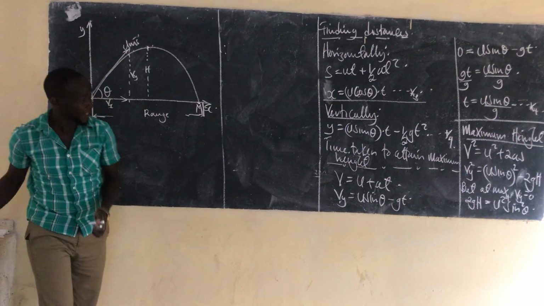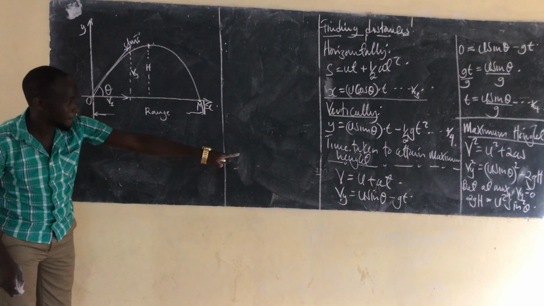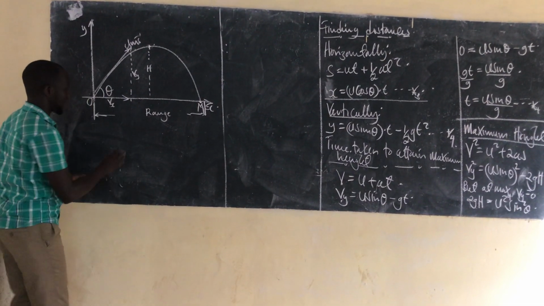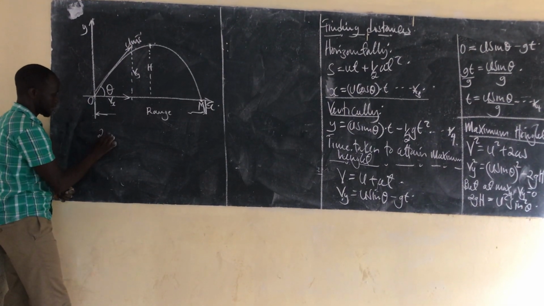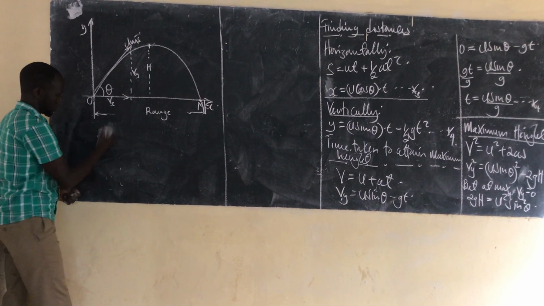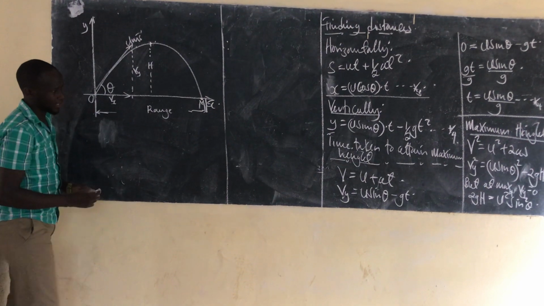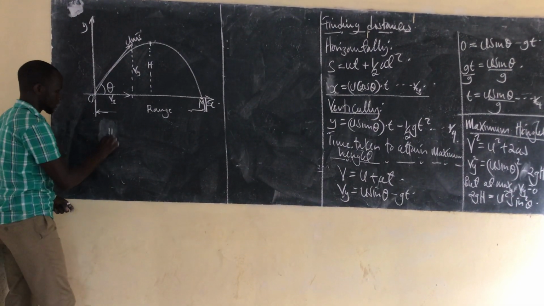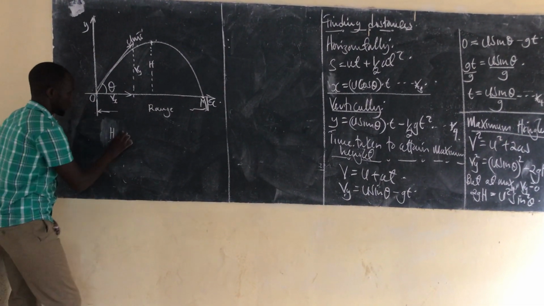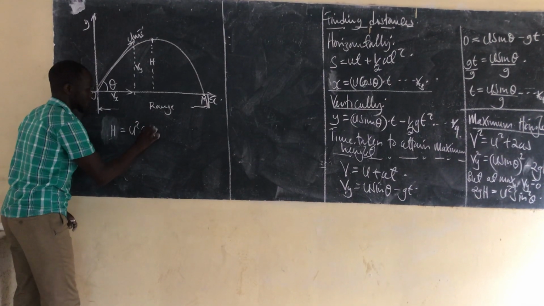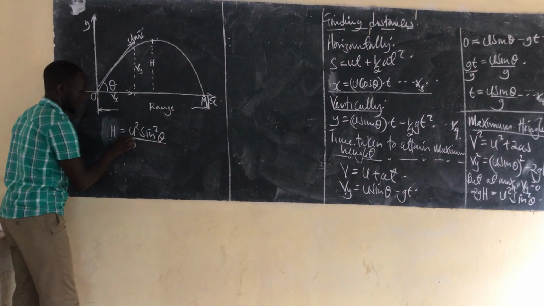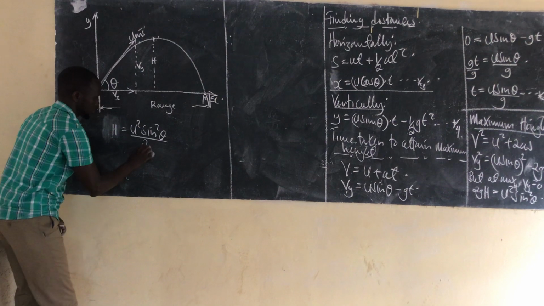After having that, we divide through by 2g on both sides. Let me just write h is equivalent to u squared sine squared theta over 2g.